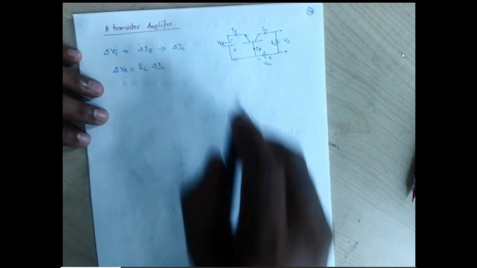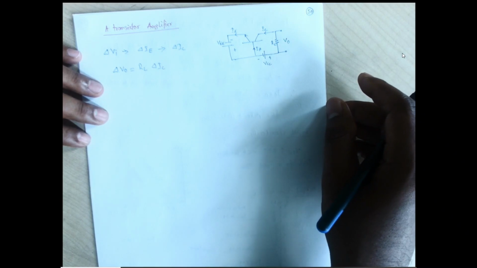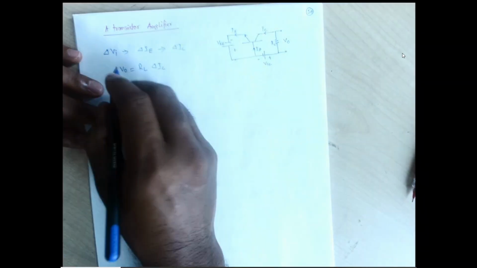Now on the input side, if the emitter junction has a certain dynamic resistance Re, we can find the voltage del Vi applied across this dynamic resistance, which leads to the current del IE.